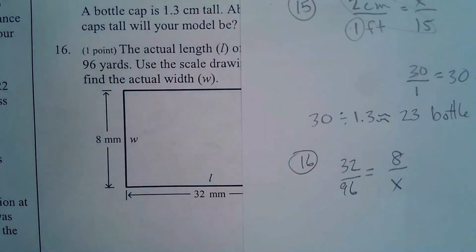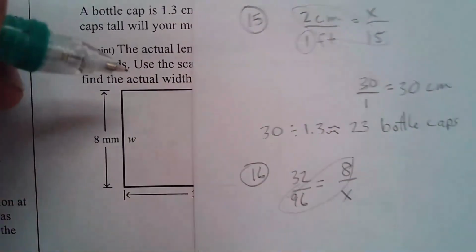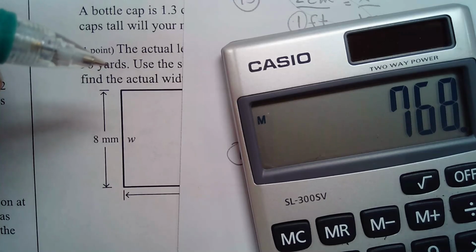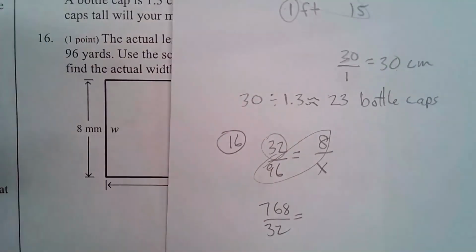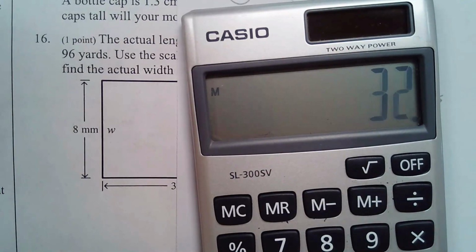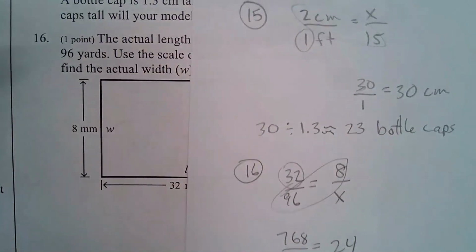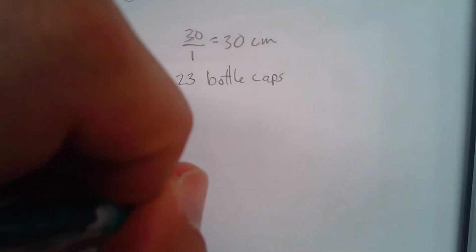I believe that's what I would do, and that's one of the ways you could do it. So we have 8 times 96. 8 times 96 is 768. So that's 768 divided by the other number, 32. Divided by 32 is 24. Equals 24, and I believe that would be yards.